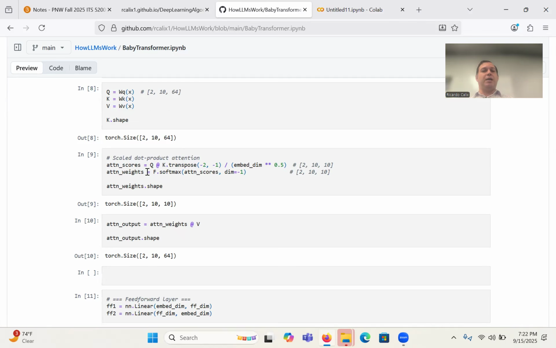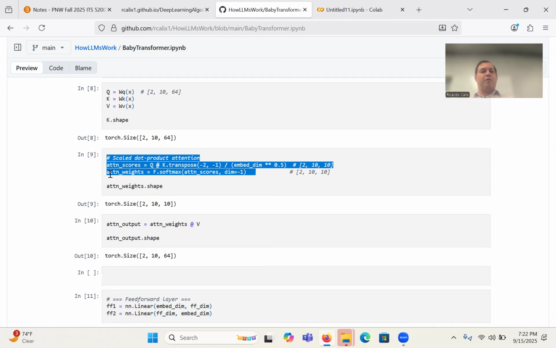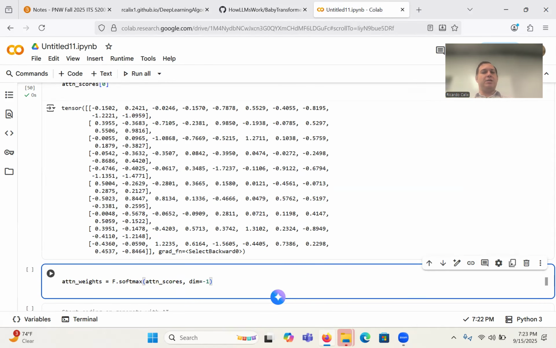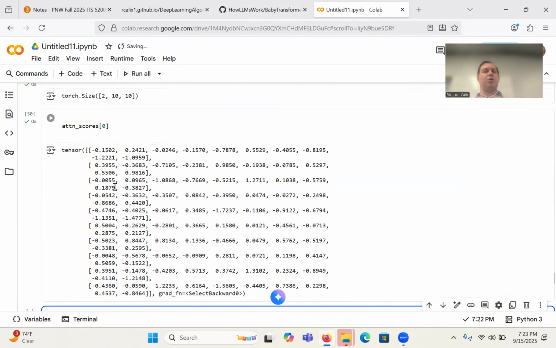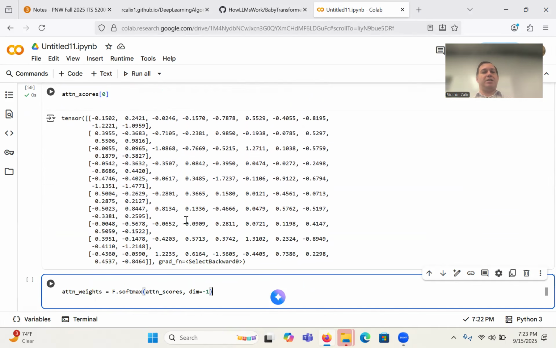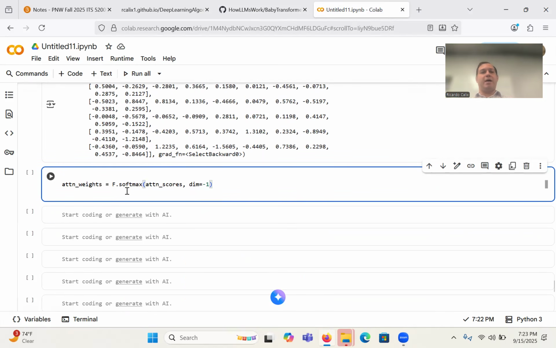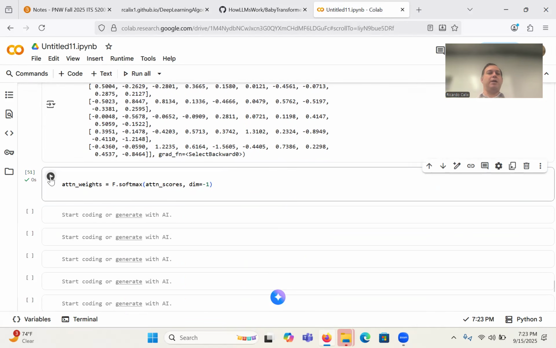So at this point, we did QK to produce the attention scores. If you remember, we had to run that through the softmax with the mask, but I'm skipping that here. So now you can see the attention scores, which are 10 by 10, go through the softmax to produce the attention weights.